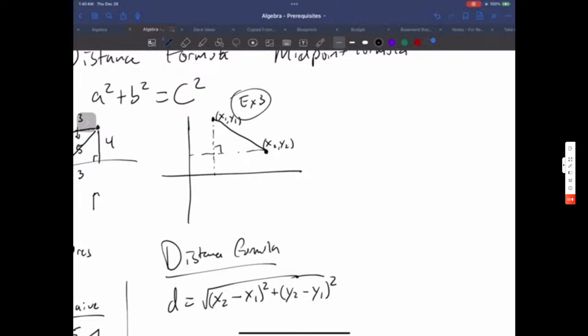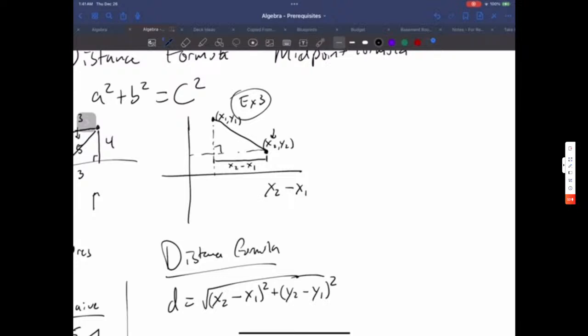However, I know that x2, y2 is x2 units from the y-axis. And I know that x1 is x1 units from the y-axis. So this line segment here is x2 minus x1, that's the line segment length.